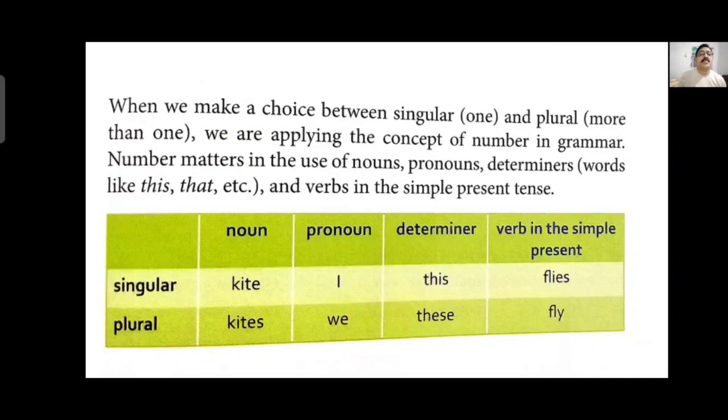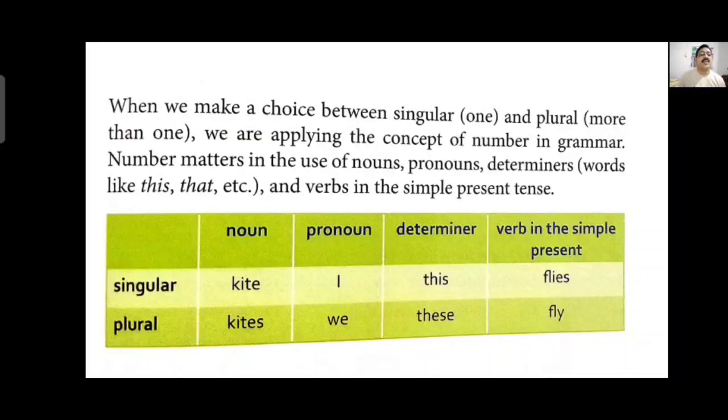If it is simple present tense, then it matters a lot. Like you can see, if the singular noun is the kite, or pronoun I singular, or determiner singular this, then always the verb will have IES, ES or S with them.